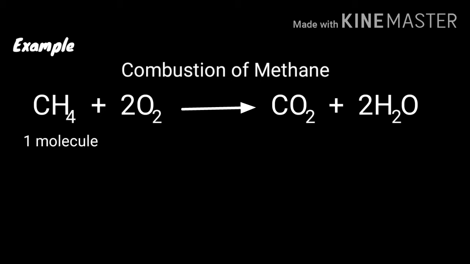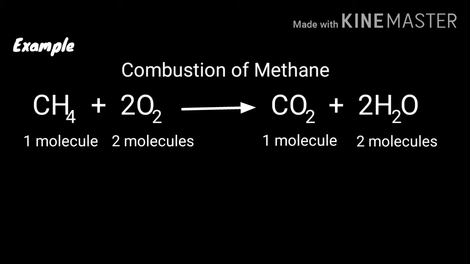That is, 1 molecule of methane reacts with 2 molecules of oxygen to give 1 molecule of carbon dioxide and 2 molecules of water. That is, 1 mole of methane reacts with 2 moles of oxygen to produce 1 mole of carbon dioxide and 2 moles of water.